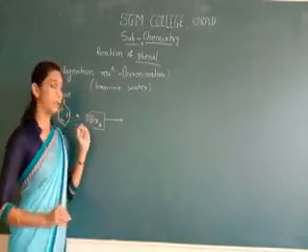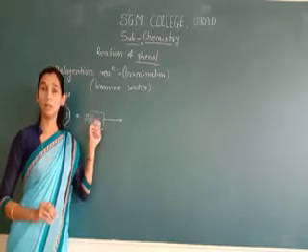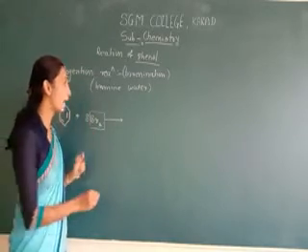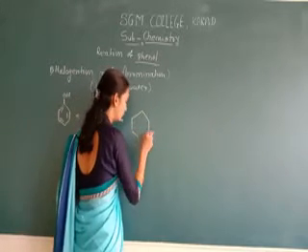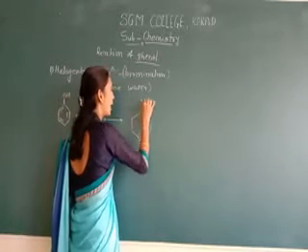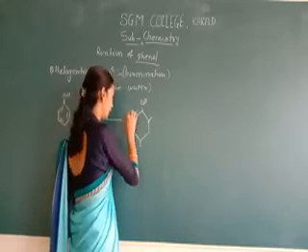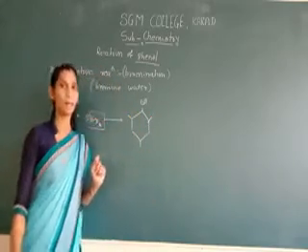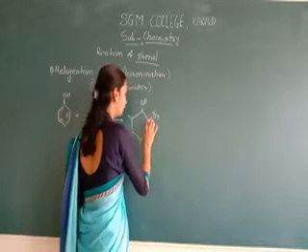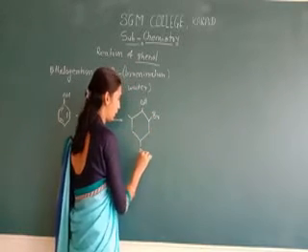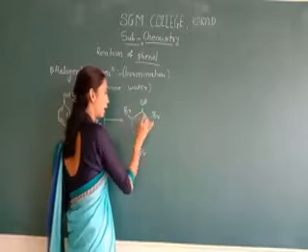Now these 3 bromine molecules attach to our phenol at the ortho, meta and para positions. We write Br and Br.